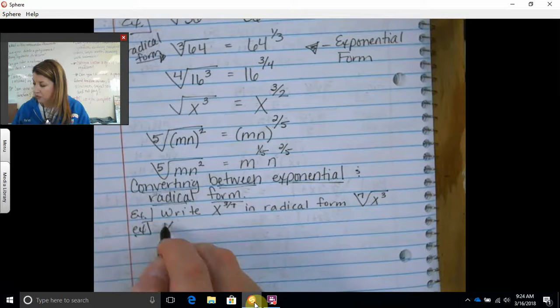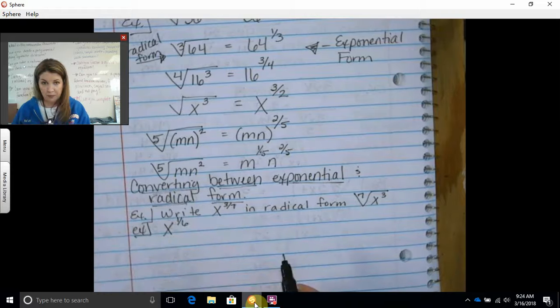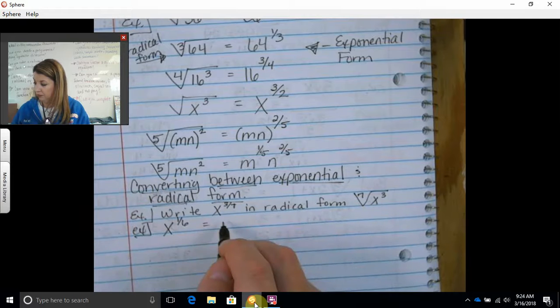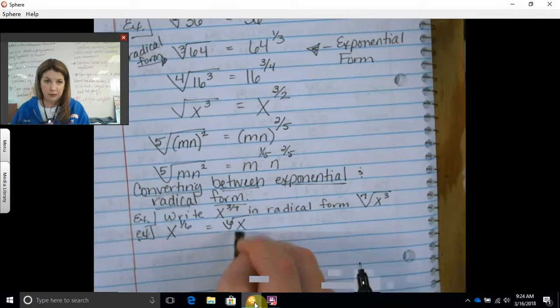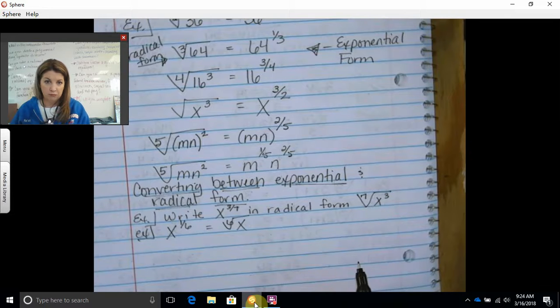If we have x raised to the 1/6 power, what would that be in radical form? Right. The 6th root of x. Do I need to put to a power of 1? No. It's not wrong if you do, but if it's not there, it's implied to be a 1.